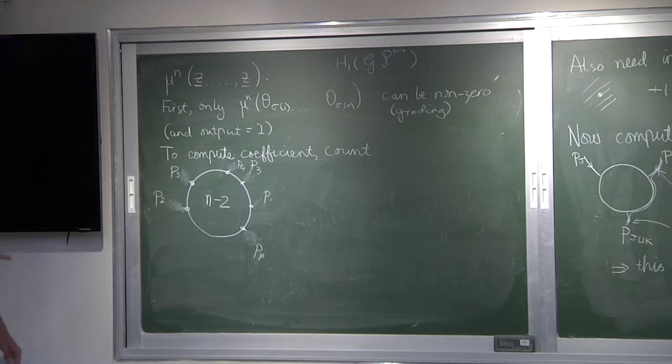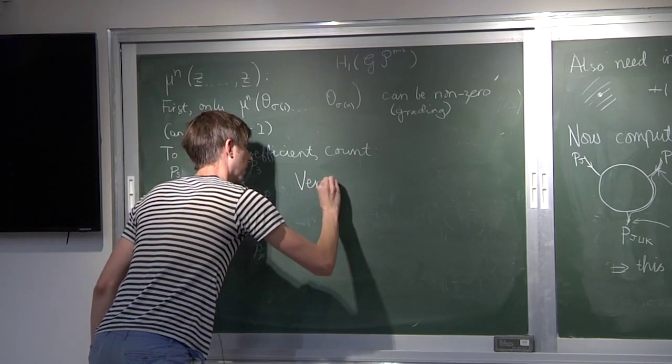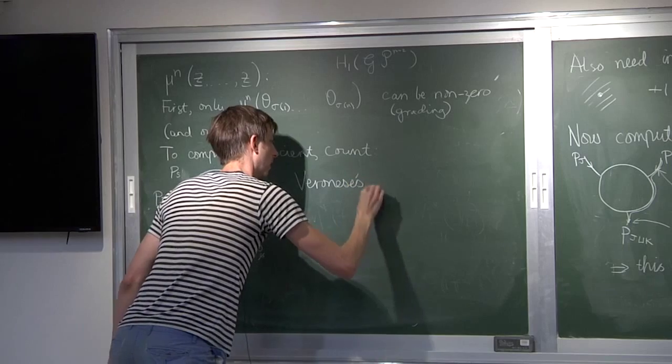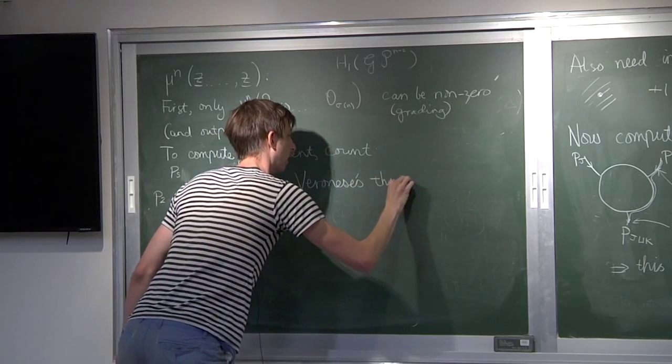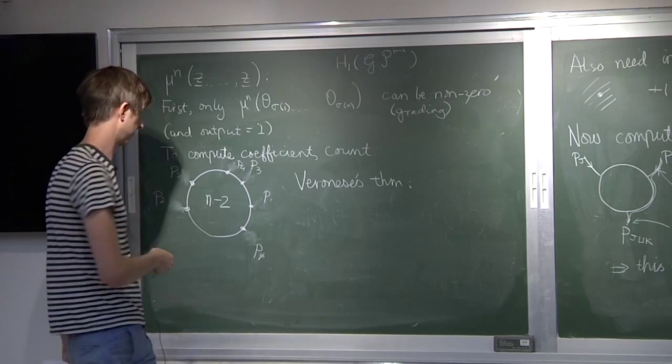And now we have n plus 1 point constraints for a degree n minus 2 real curve. And there's this thing called Veronese's theorem, which says that there's a unique such curve.